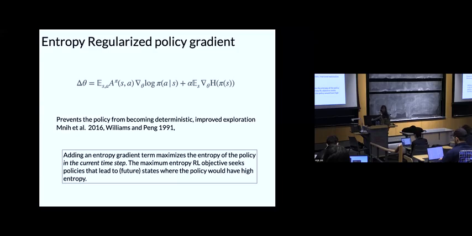Adding an entropy gradient term maximizes the entropy of the policy in the present time step, okay? It doesn't tell you that I want you to find policies that maximize rewards and that land on states that have maximum rewards and maximum entropy. Do you see? It doesn't take into account the future. Is that clear?